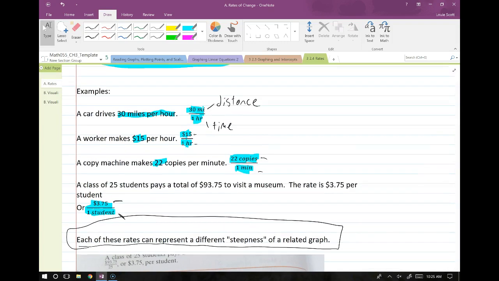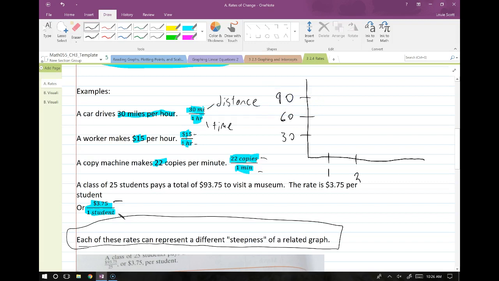And so a graph of 30 miles per hour, let's just do a distance one here. So there's 1, 2 hours, and we'll say this is 30, 60, 90.